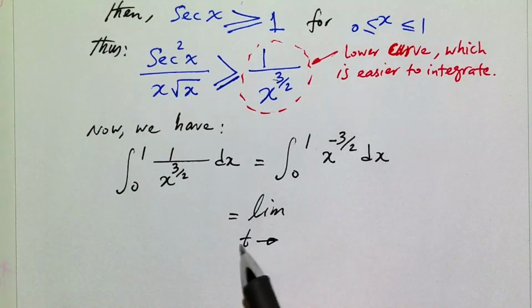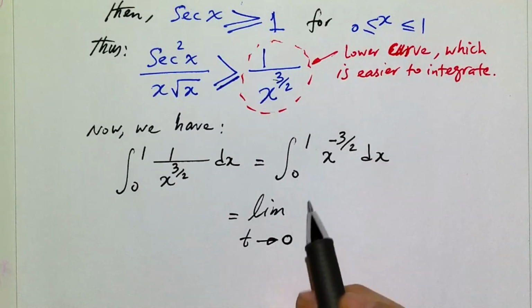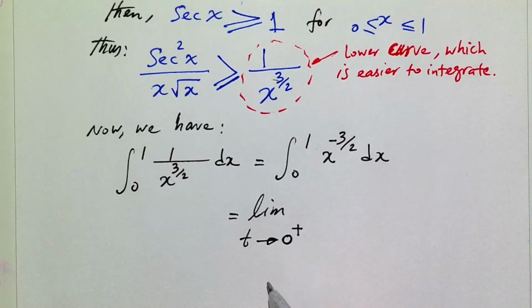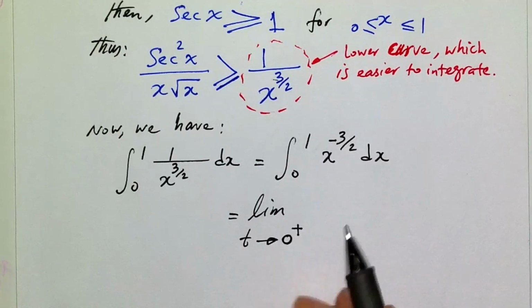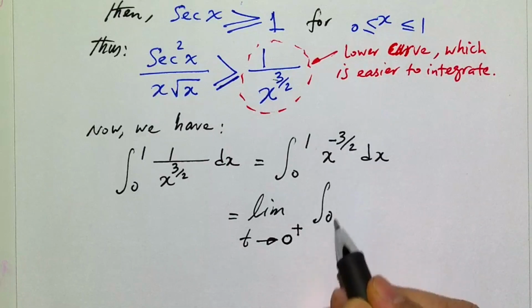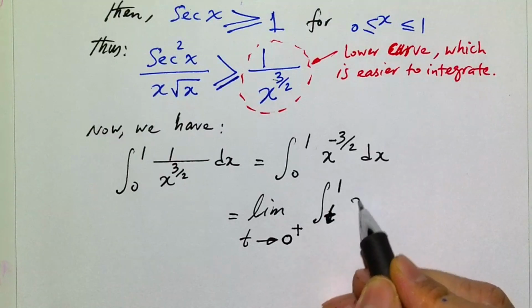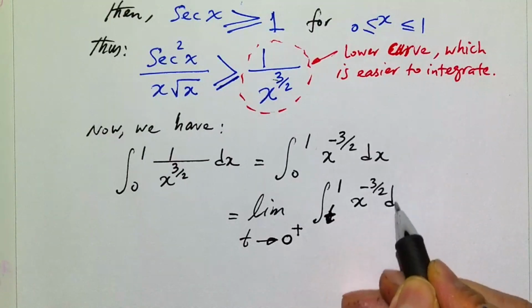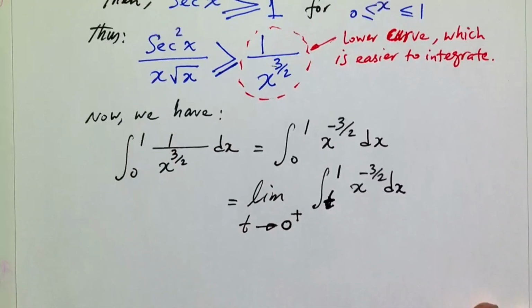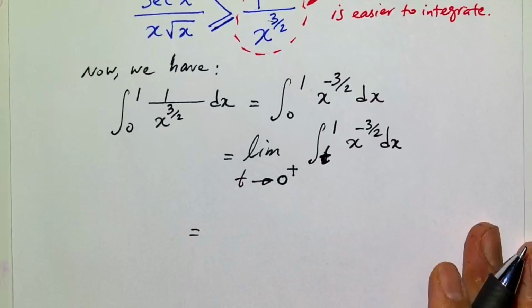For the asymptotes, we have to take t to go to the asymptote value, x equals 0 in this case, from the right, because 0 to 1 is our interval. So as t approaches 0 from the right of this integral from t to 1, like that.